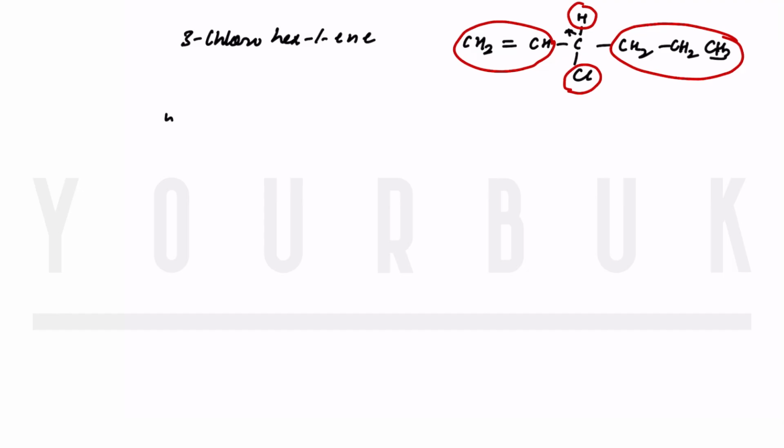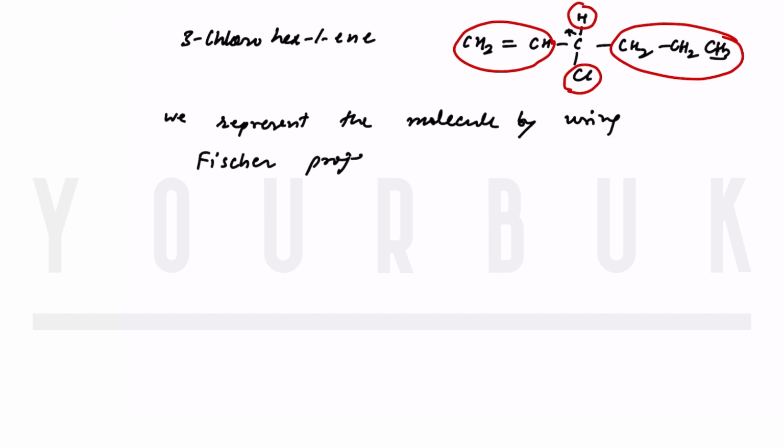So first of all, you should know how to identify the chiral carbon. Then we represent the molecule by using a Fischer projection formula, using vertical and horizontal lines. For example, we have lactic acid, in which carbon number 2 is chiral.